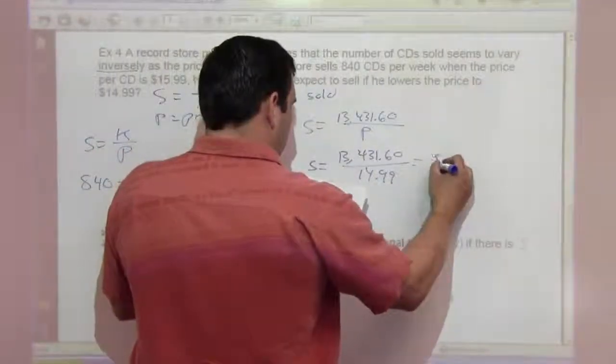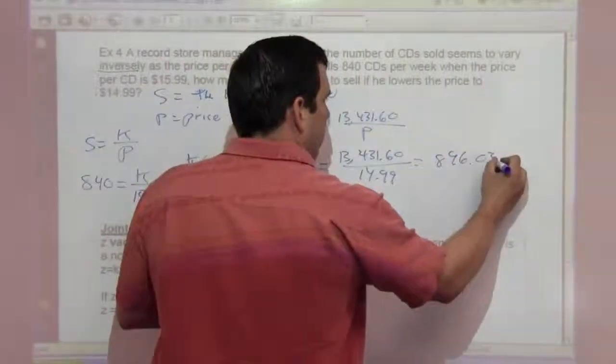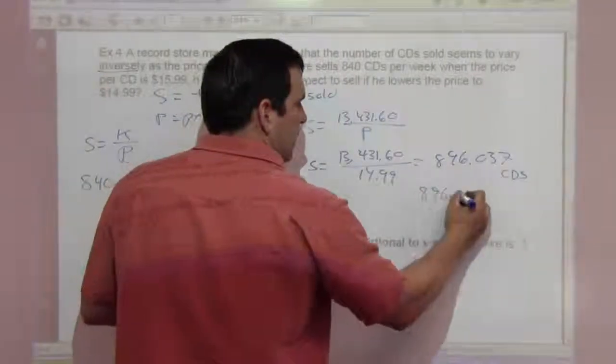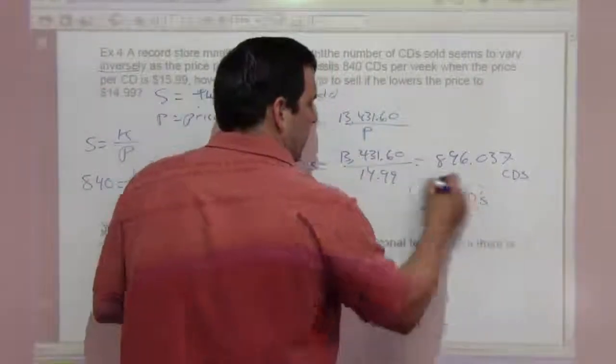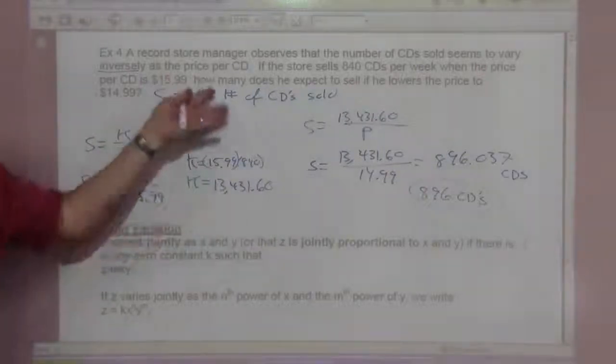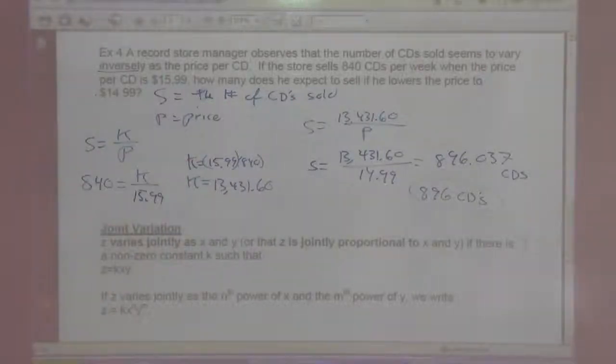So that's going to be 896.037 CDs. Well, let's just call it 896 CDs, because you can't sell 0.037 CDs. So there's an application problem for inverse variation.